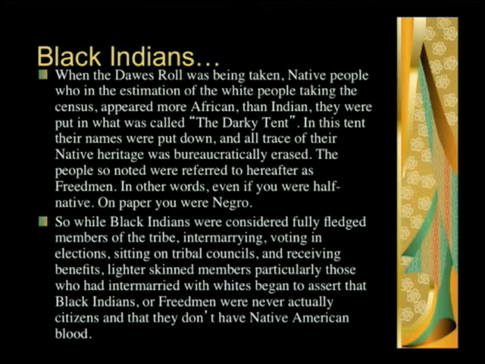Tiya Miles, an author who has done extensive research on racial attitudes, especially with black Indians, basically found that among the Cherokee there were certain attitudes in which your first preference is marrying a Cherokee. Then, if you can't marry a Cherokee, marry another Native American.